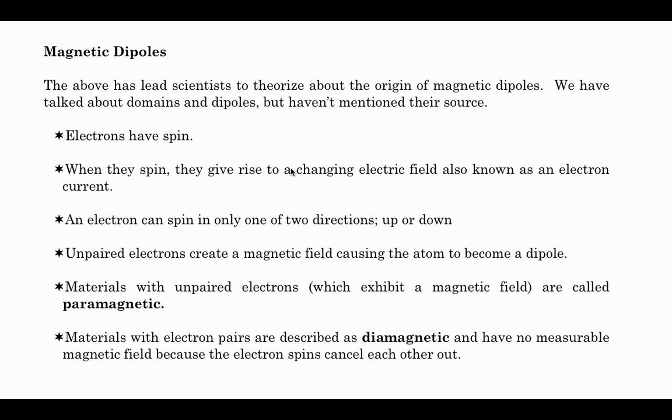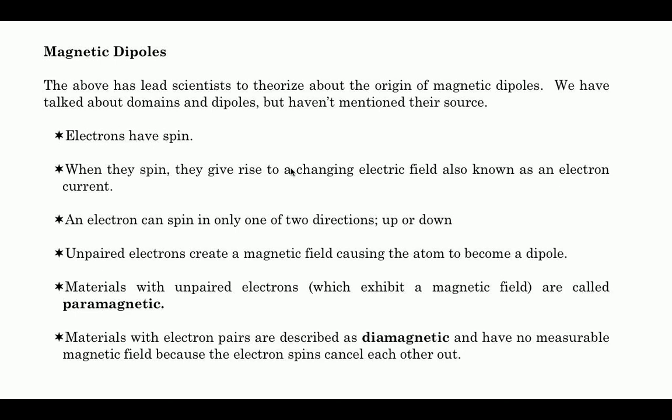Magnetic dipoles: this is a little bit more theory. All of what we've talked about above has allowed scientists to theorize about where magnetic dipoles come from and why magnetic dipoles always exist as a twosome. We haven't mentioned where they come from, and why some things are magnetic and some things are not.